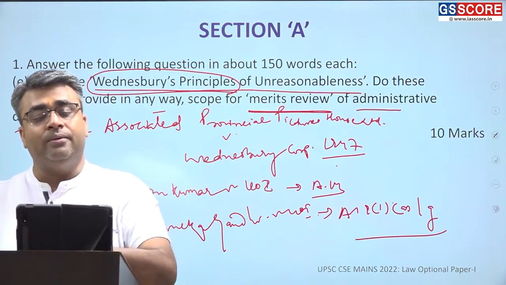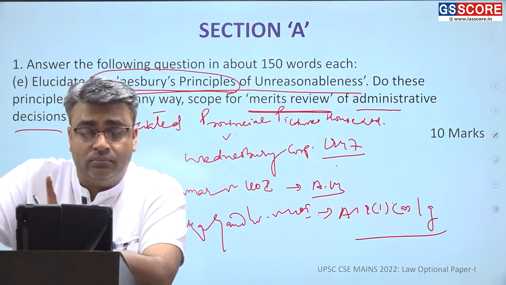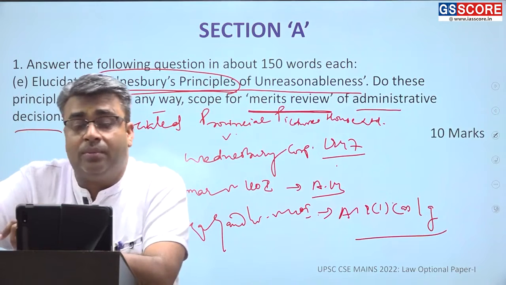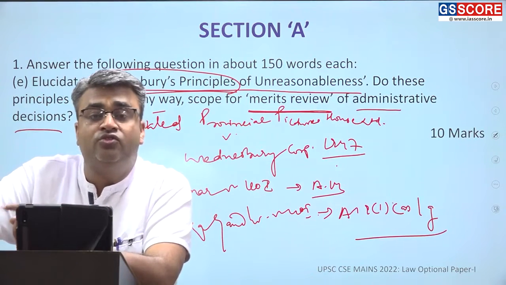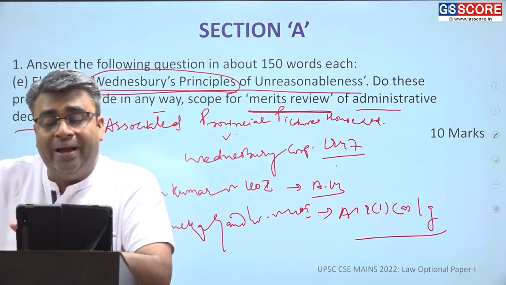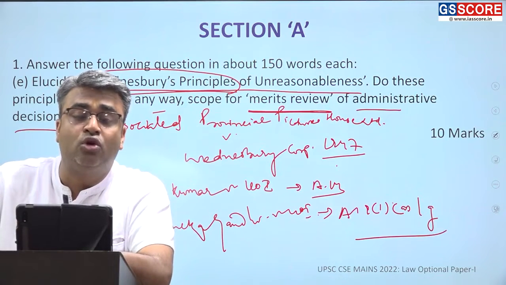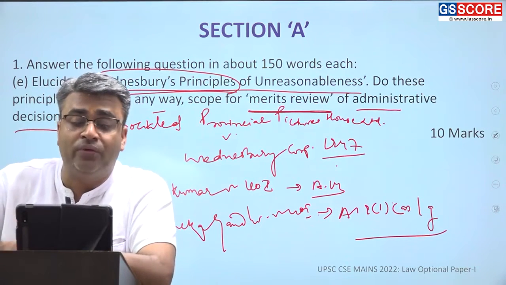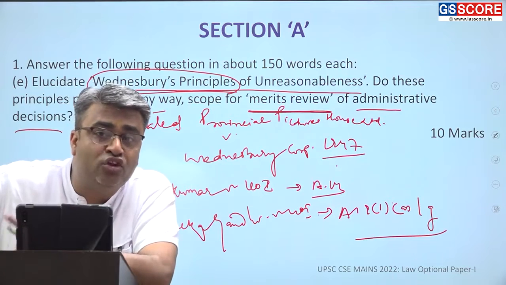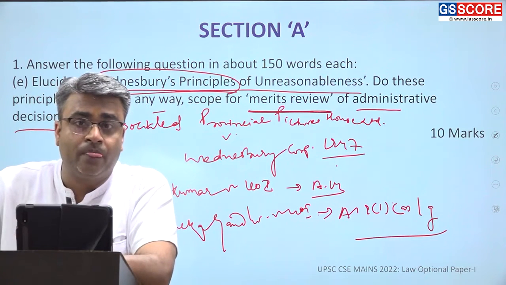Similarly, in Bhagatram versus State of Himachal Pradesh, the Supreme Court opined that if the punishment imposed is not proportional to the gravity of the offense, then it is in violation of Article 14 as well.